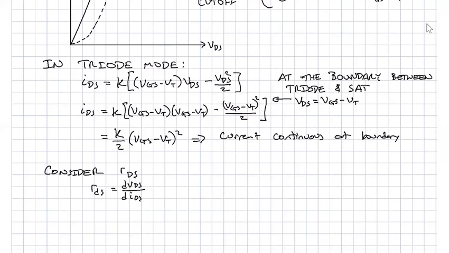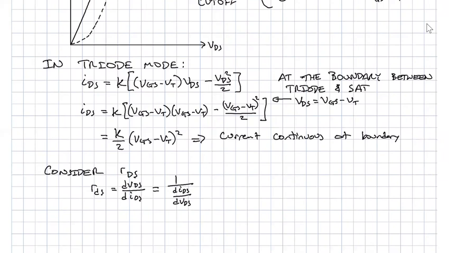But we're typically plotting it I versus V, and so this is the same thing as 1 over that slope of the IV characteristics, which is dIDS/dVDS. So we could look at this one of 2 different ways.